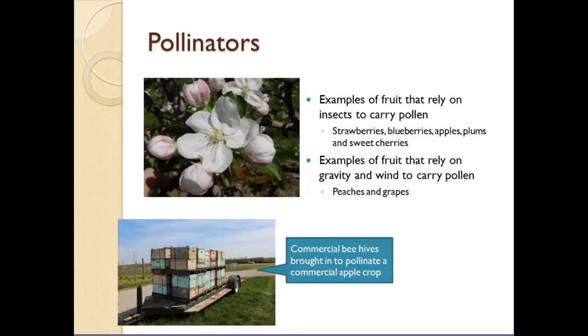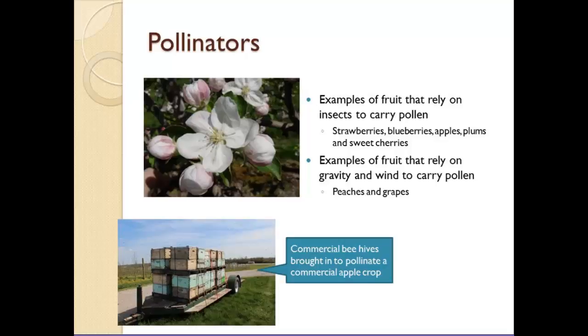For example, we've had pecan failures. Pecans fall into this orchard setting, and they rely on wind, usually wind and gravity, to move their pollen. But in cases where it is extremely rainy and windy during that time period, sometimes we don't have good pollination occurring, and that's again because of Mother Nature.